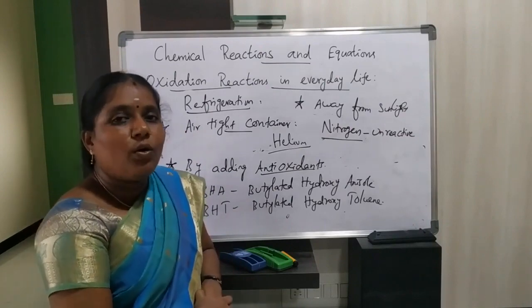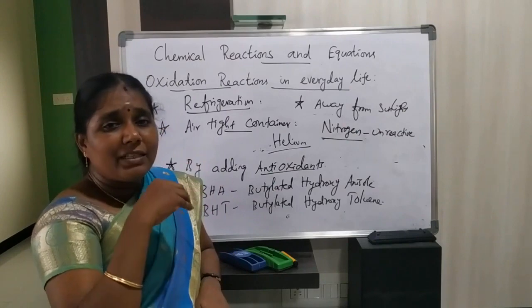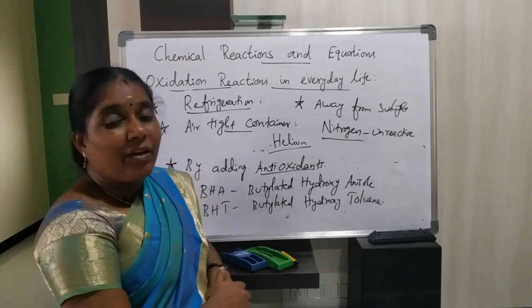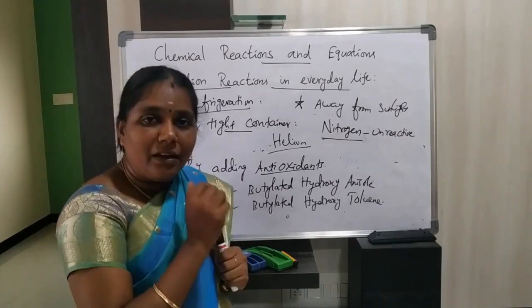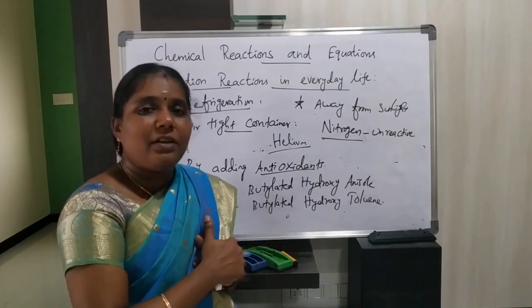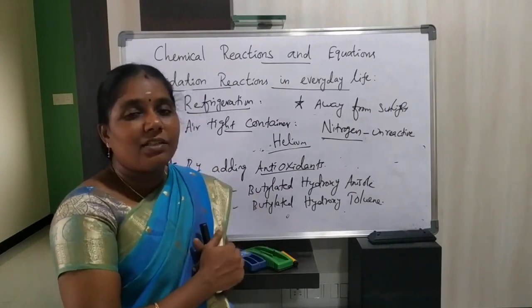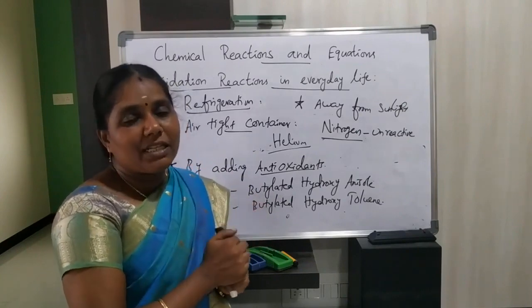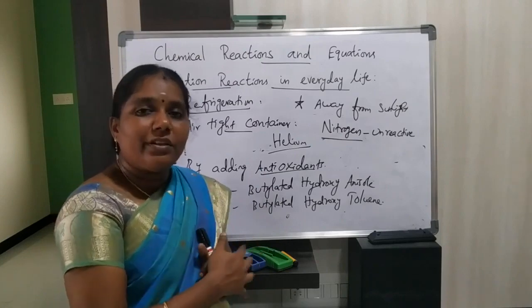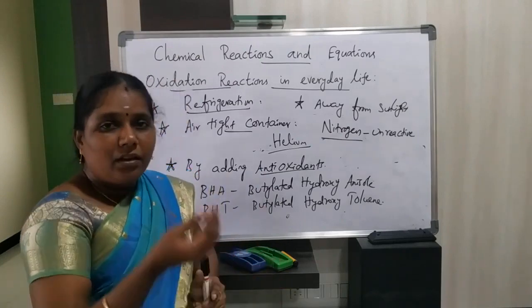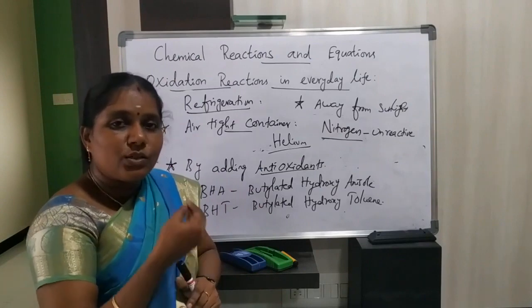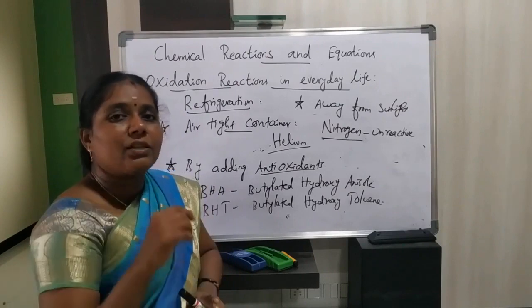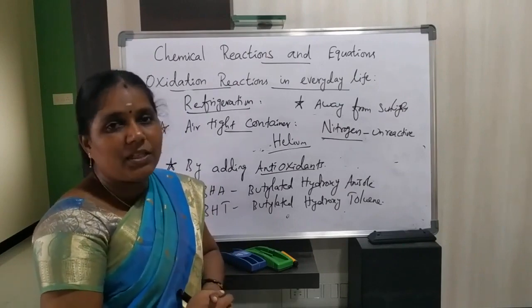After balancing, we discussed the types of chemical reactions: combination reaction, decomposition reaction, displacement reaction, double displacement reaction, precipitation reaction, exothermic reactions, endothermic reactions, oxidation reactions, reduction reactions, and neutralization reactions. Like this, some other chemical reactions we have discussed in this lesson. In the same way, we have discussed each and every reaction, with some examples and activities also.